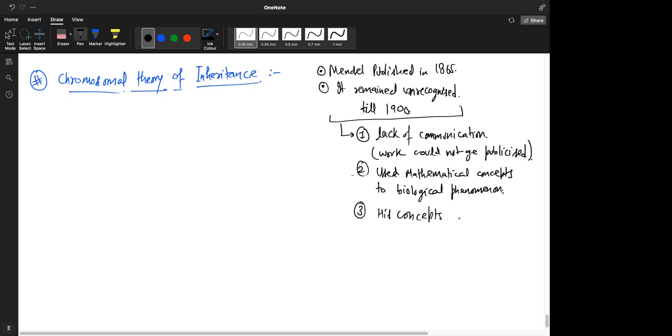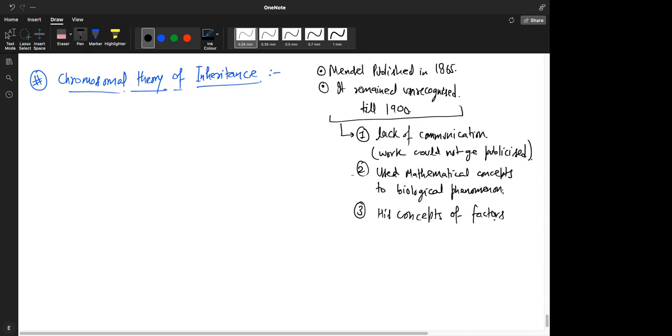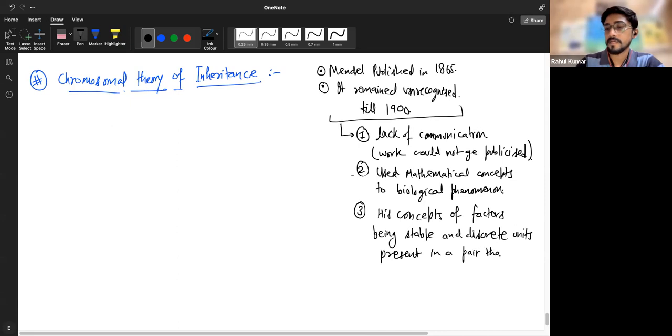He said factors appear in pairs. His concept of factors being stable and discrete units present in a pair that never blend.